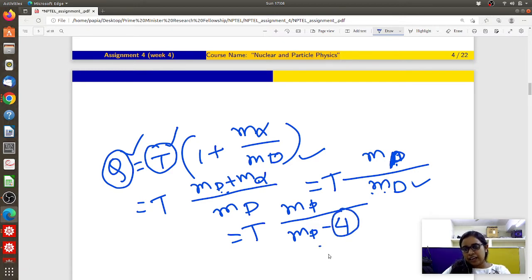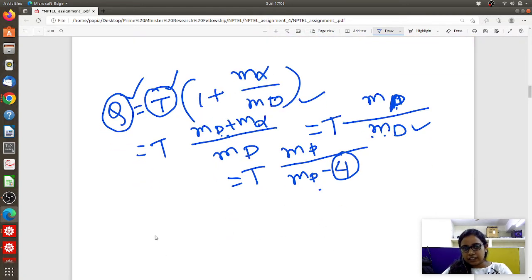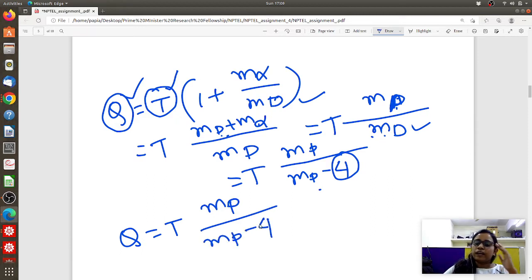So why am I writing these things? Because the final expression is Q equals T into MP divided by MP minus 4. In our expression T is given, Q is given, and we already know that for an alpha particle the mass is 4. But nothing is mentioned about MD, so we don't know the mass of MD.